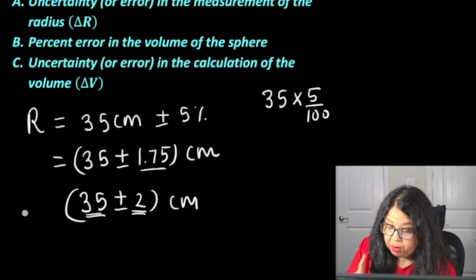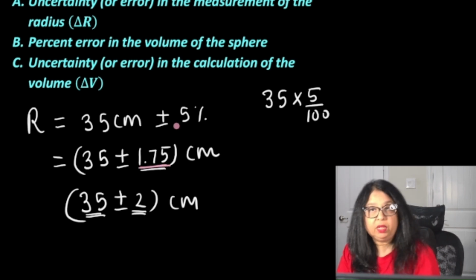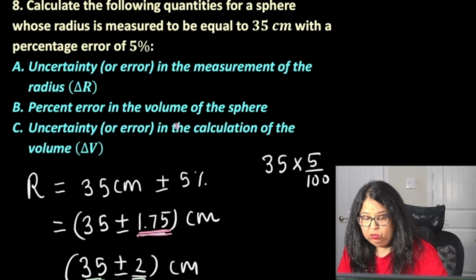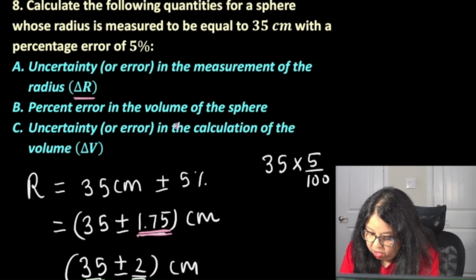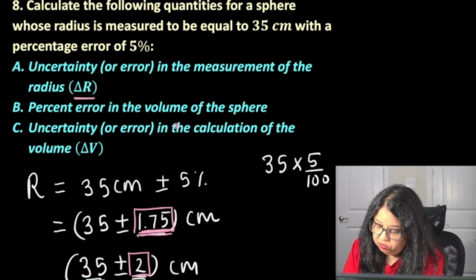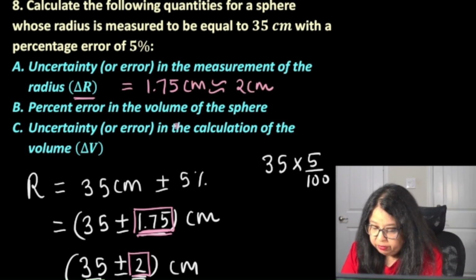But since we might, just saying we might, use this uncertainty here to do some calculations, we want to keep it as 1.75 for now. So the first part says uncertainty or error in the measurement of radius, delta r. Already found it. 1.75 rounded off to 2 centimeters. So that's our first answer, 1.75 centimeters rounded off to 2 centimeters.